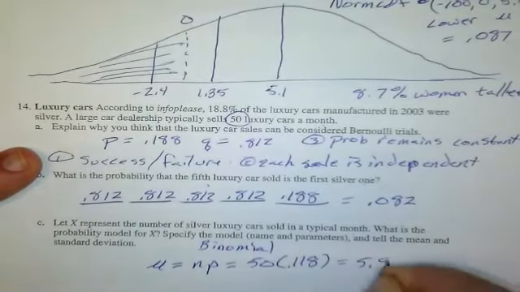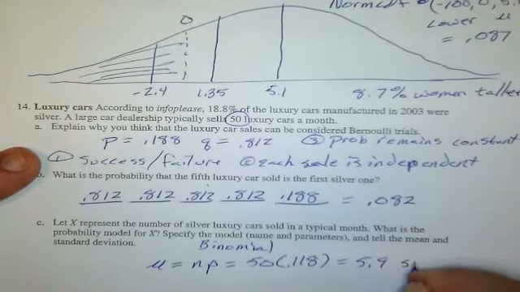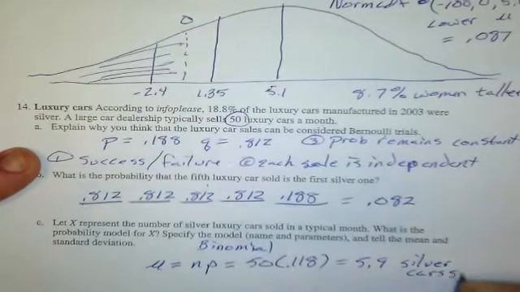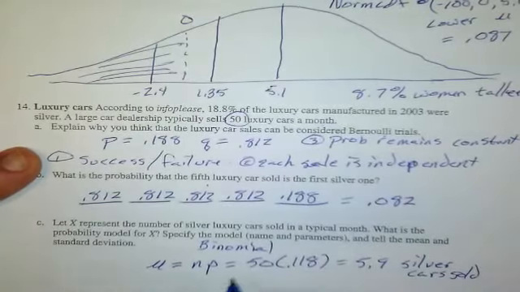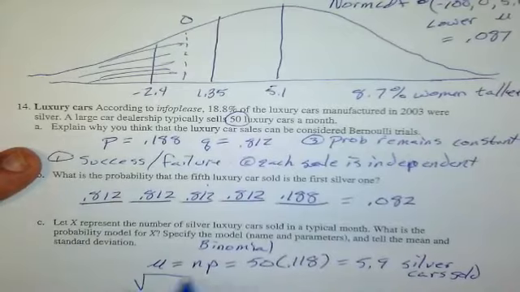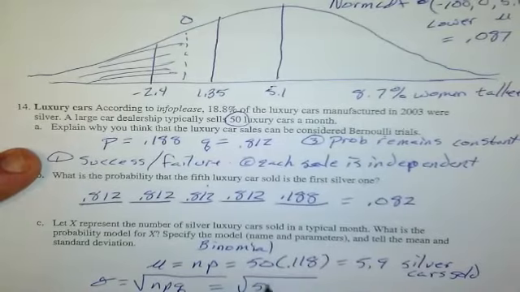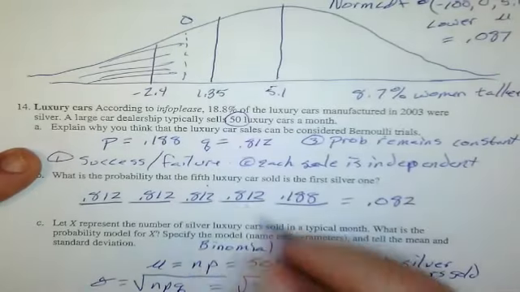About 5.9 silver cars, or 6. Now standard deviation is the square root of NPQ. So that's going to be the square root of 50 times 0.118 times 0.812.